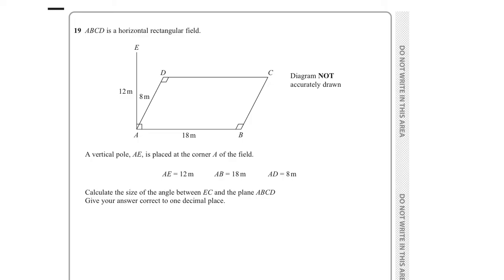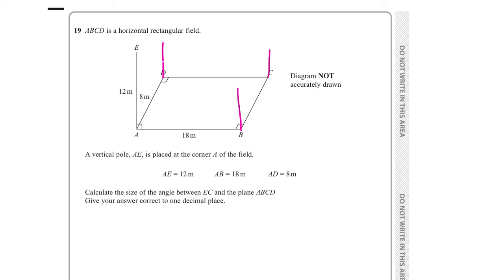This is 3D trig. Okay? So what do we have here? Can everyone see this is technically a 3D shape? This is a vertical pole and a plane. So technically, we want to find the angle between EC and the plane ABCD.